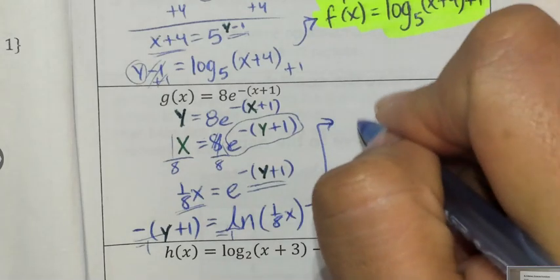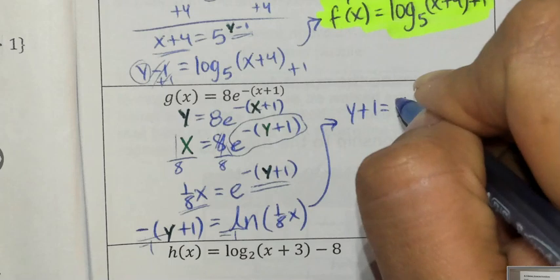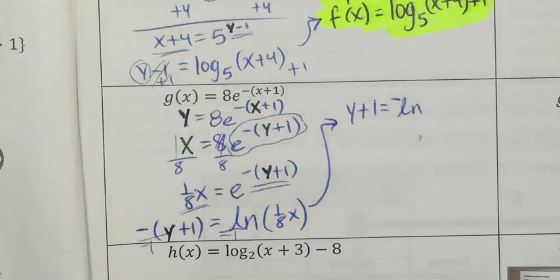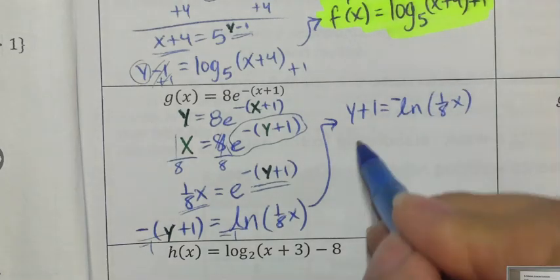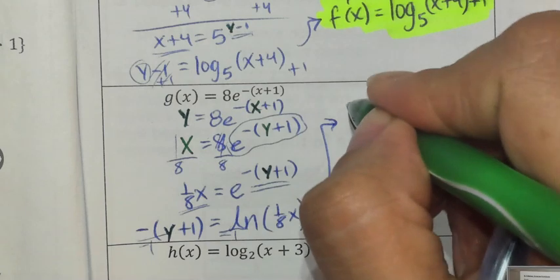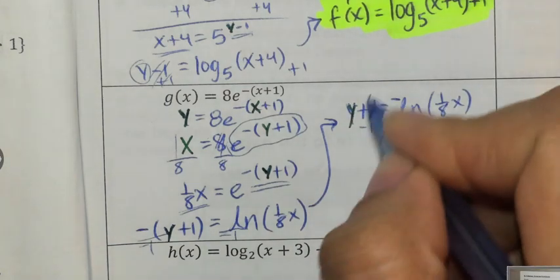And that leads to now having y plus 1 equals negative ln, because of that negative division, and then 1/8 x. And we want to just have the y by itself, so we need to subtract 1 from both sides.